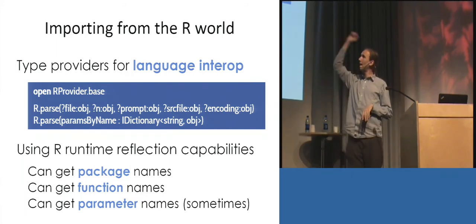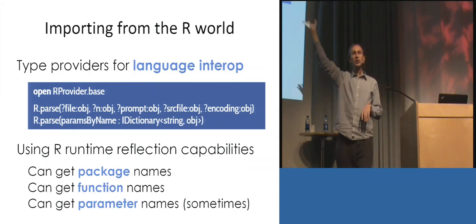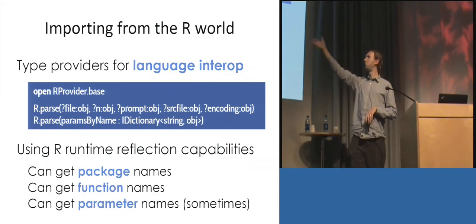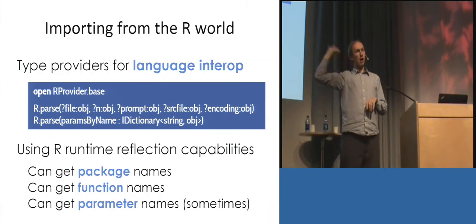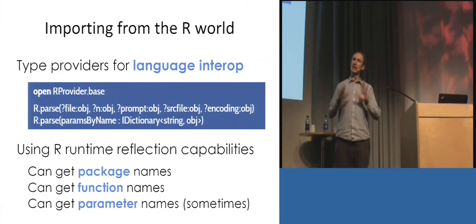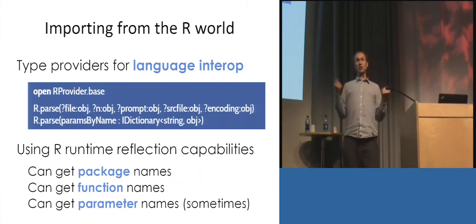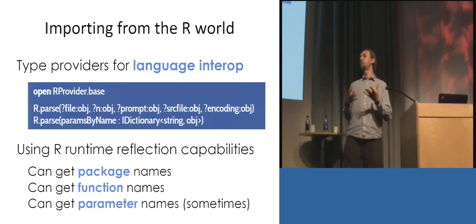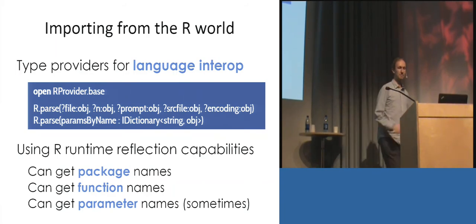So what you can see up there is that r.parse is one sample function, which is imported from the base, and all the arguments are optional. F# supports that, and it works nicely. All of them are inferred as objects because we automatically can't infer more precise information. And there's also another overload that will take named parameters.